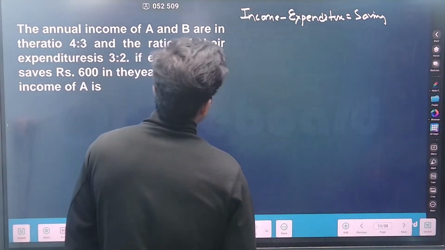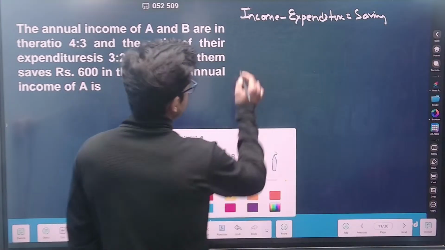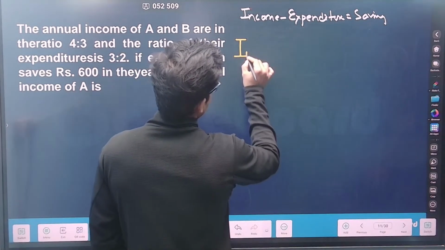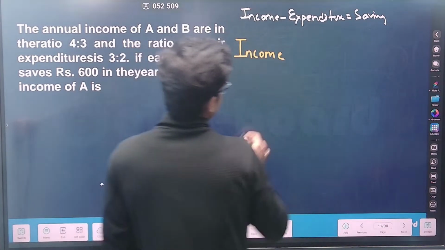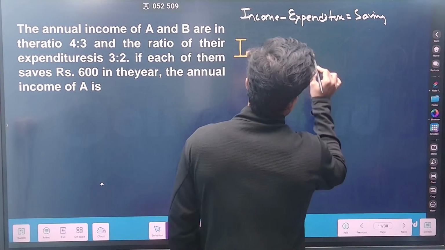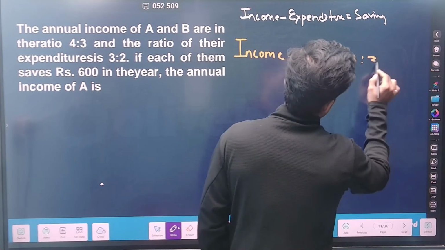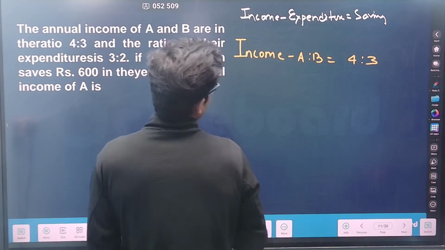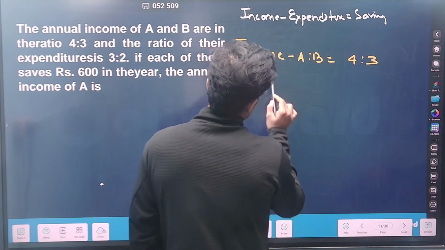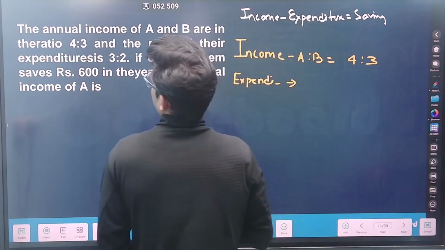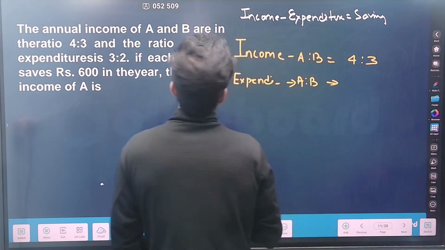The annual income, so basically there is a ratio of income. Annual income of A and B is given to me as 4:3. And the ratio of their expenditure of A and B is given to me as 3:2.